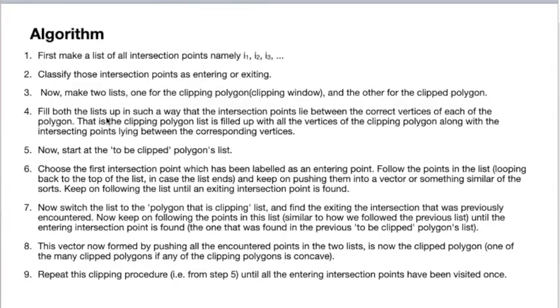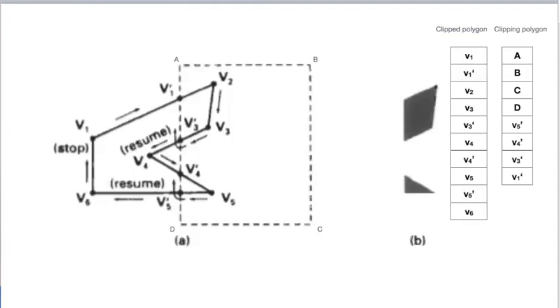Then third step, you make two lists, one for the clipping polygon, that is the clipping window, and the other for the clipped polygon. Okay, so here you make two lists like this.